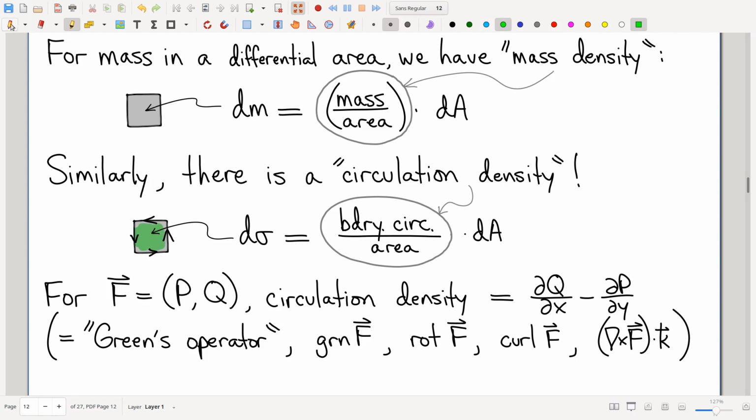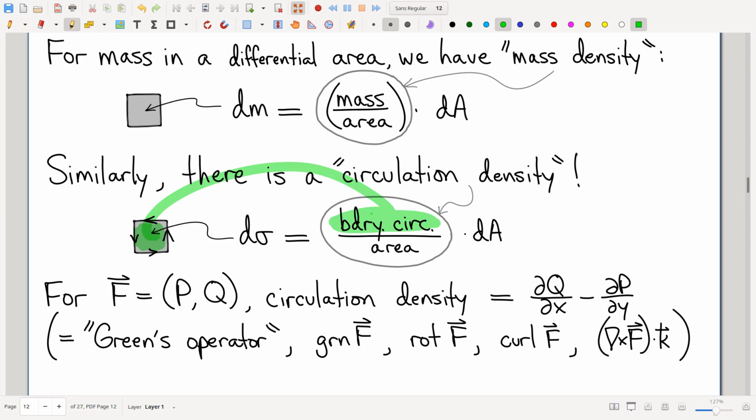You're going to want to visualize that by way of thinking about the integral happening on the boundary there. But again, that's a little bit of a red herring. The fact that it's computed on the boundary is not the point. The point is that boundary circulation is something that we associate to that region. And so I can talk about how much boundary circulation there is in that region.